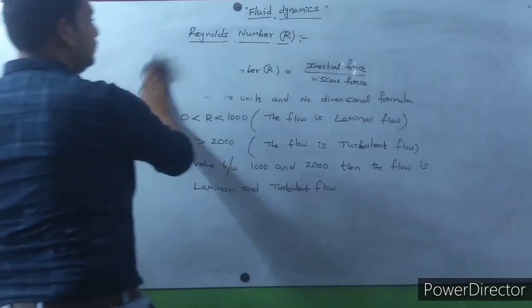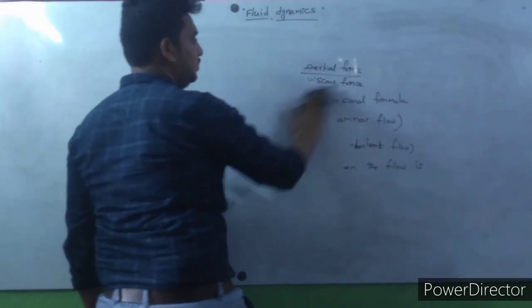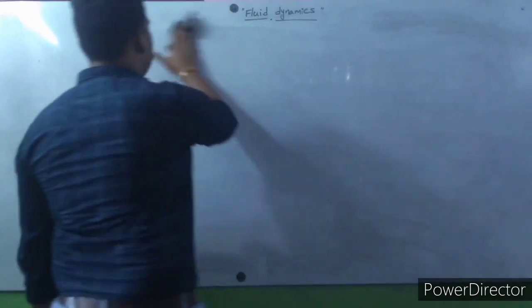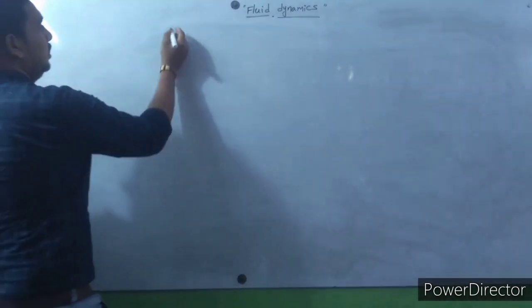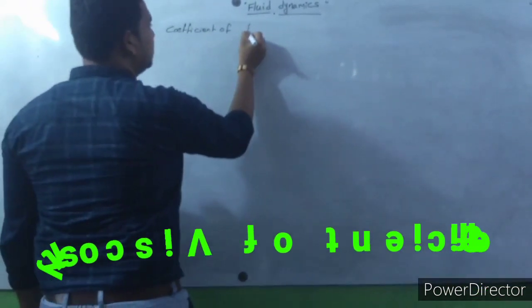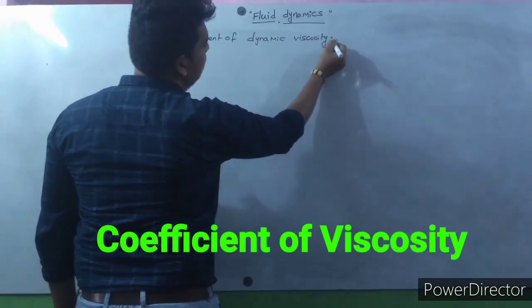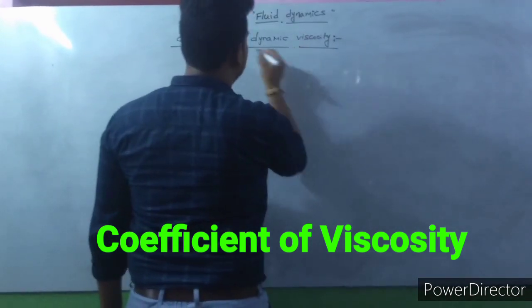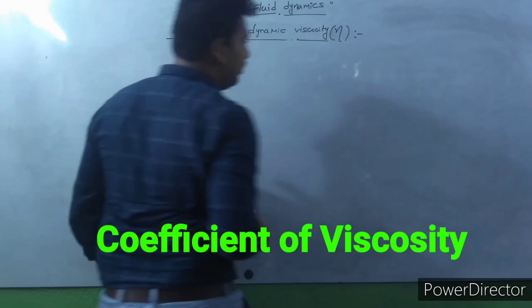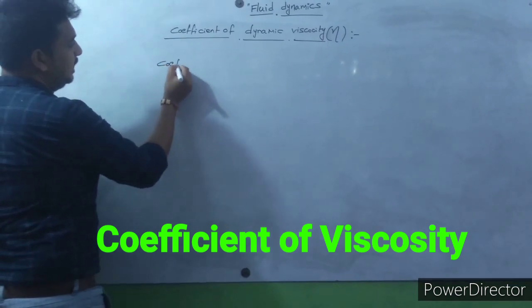Next, coefficient of dynamic viscosity. So this is indicated with eta.